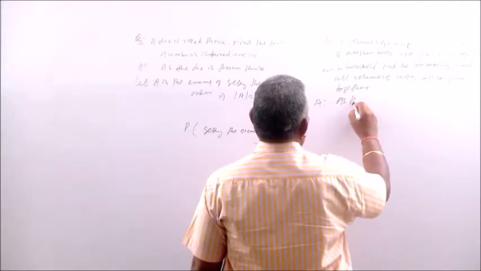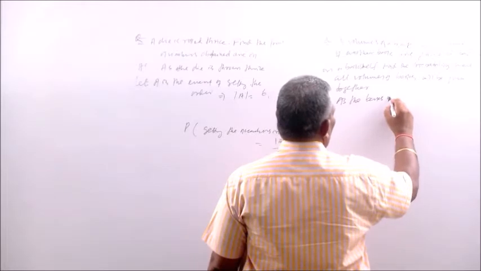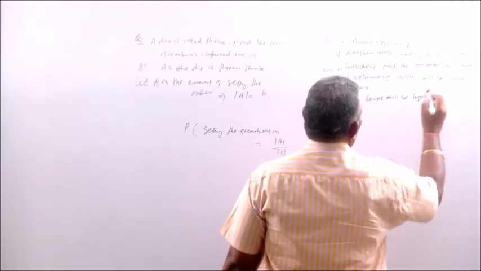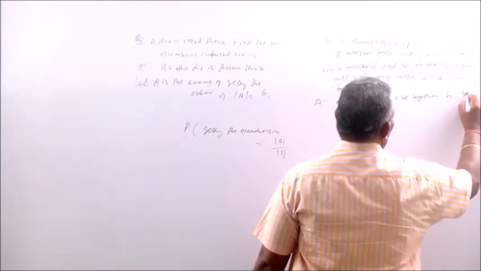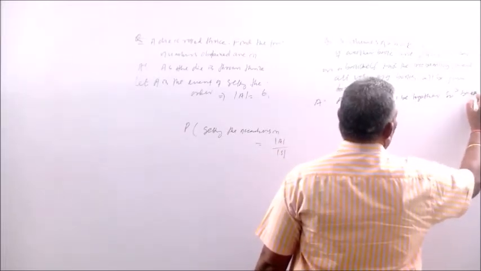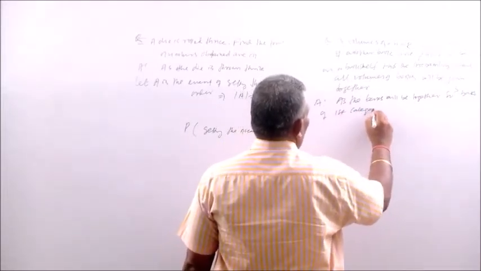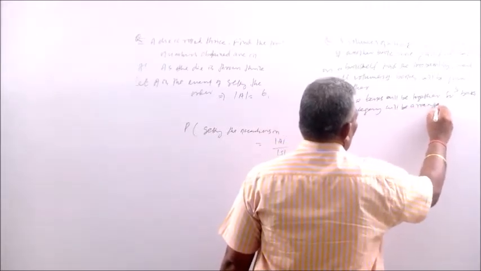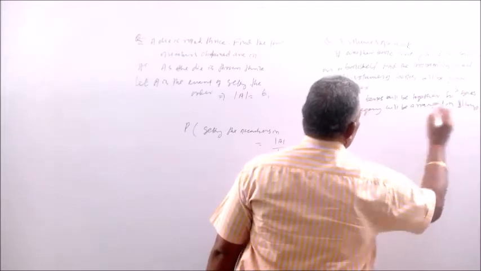As the books will be together, the 3 books of the first category will be arranged in 3 factorial ways.